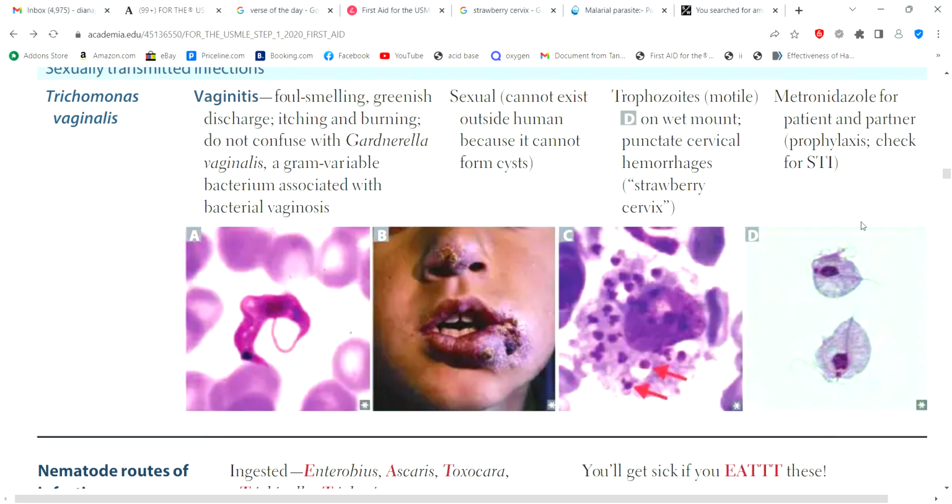Trophozoites on wet mount, seen in Trichomonas vaginalis.